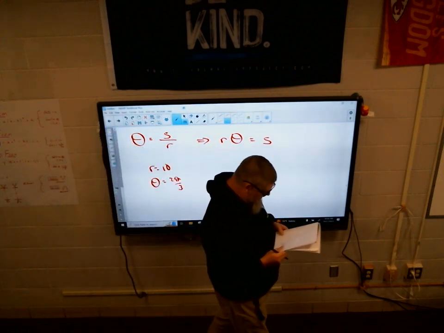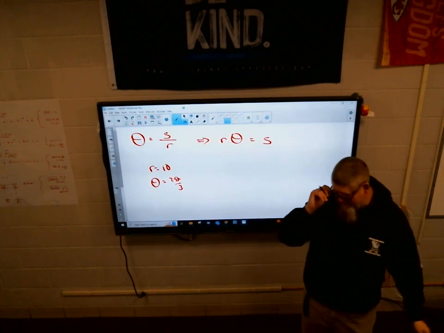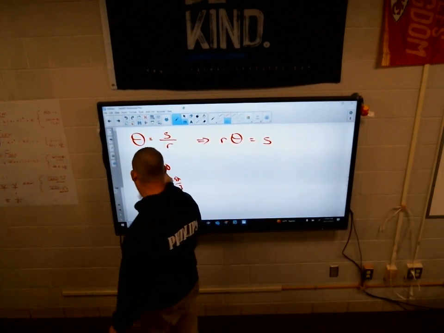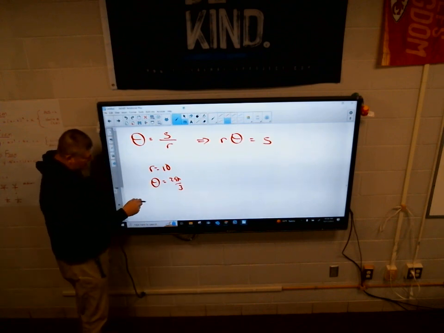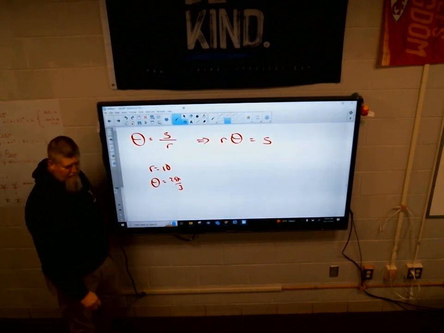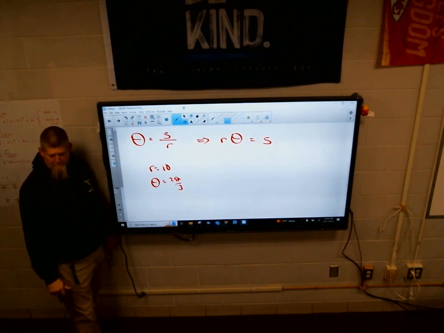I just want to tell you where we're headed with that. That's actually what we call a polar coordinate, or a vector. Do you guys remember Despicable Me? Who was the bad guy?